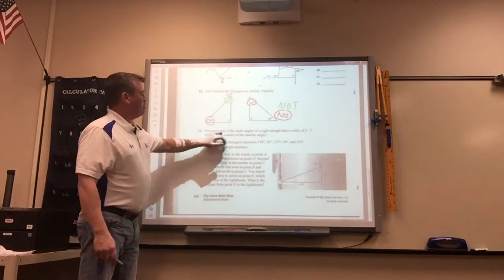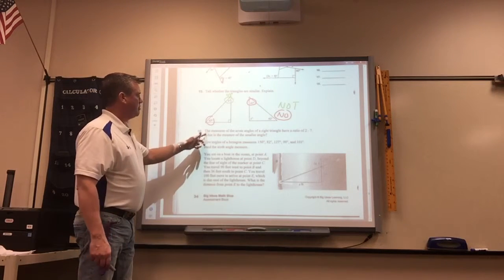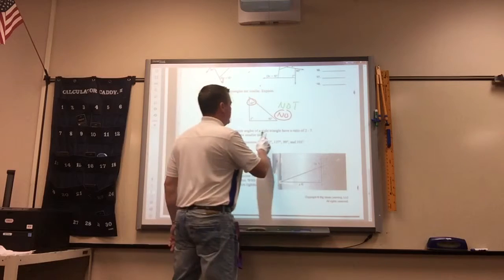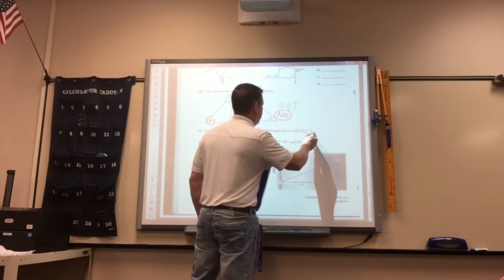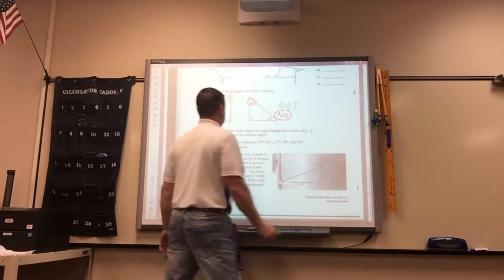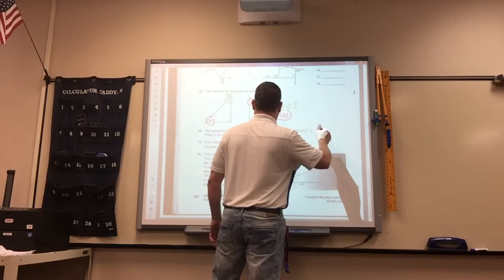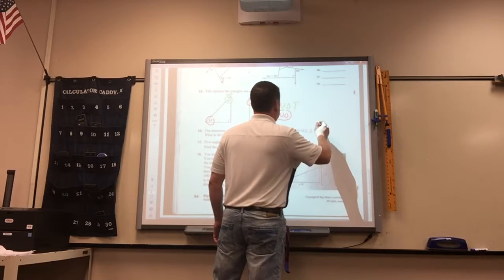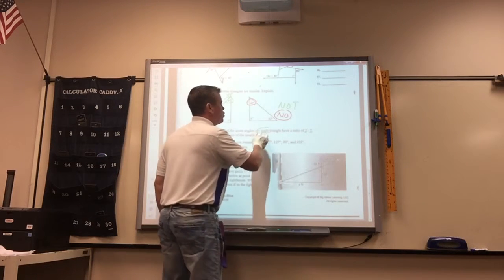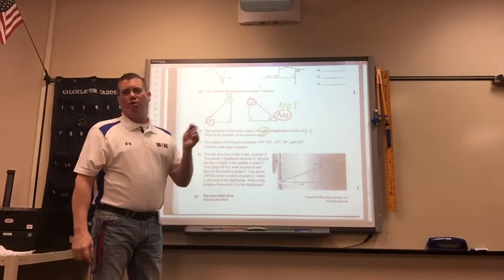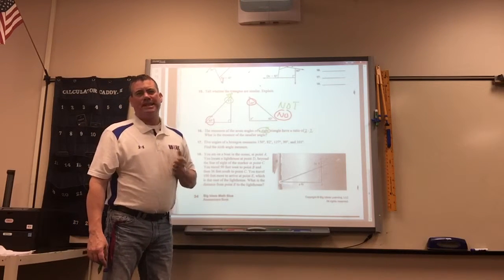So here you gotta write a proportion. The measures of acute angles of a right triangle have a ratio of 2 to 7. So since it's a right triangle, we know one of the angles is what? 90.